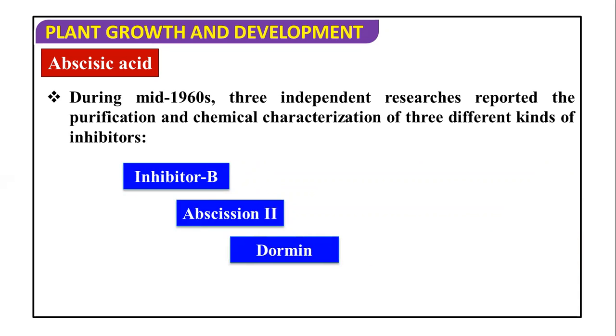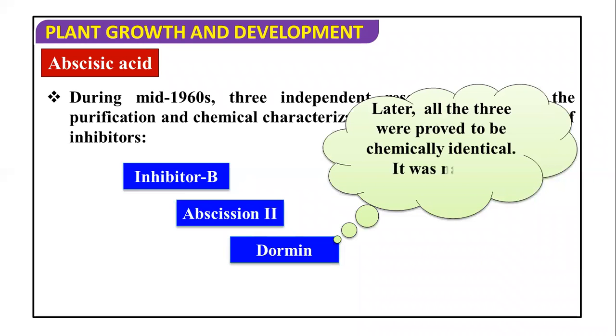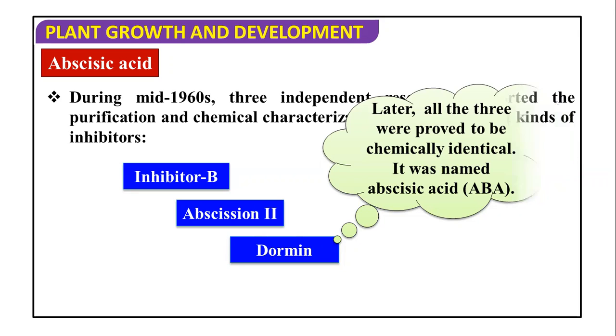These three different inhibitors were discovered by three independent scientists. Later on, all three were proved to be chemically identical, so they were grouped under the name abscisic acid. They are all actually the same one.